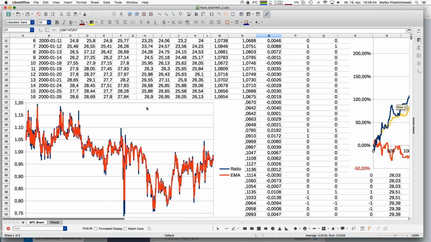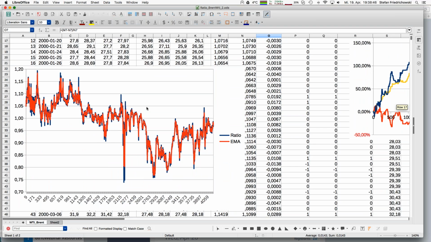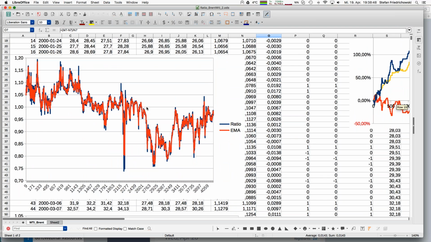But let me show you a little bit more simply by looking at charts. The first chart is the same you have seen already. That chart is the ratio itself, and now new in red, the EMA on that ratio. And as I mentioned, if we use short periods for the EMA period, then the red line follows quite obviously the blue line of the actual ratio.